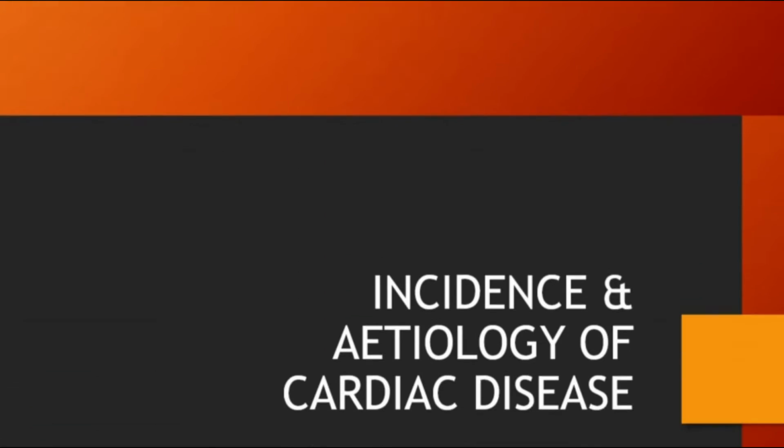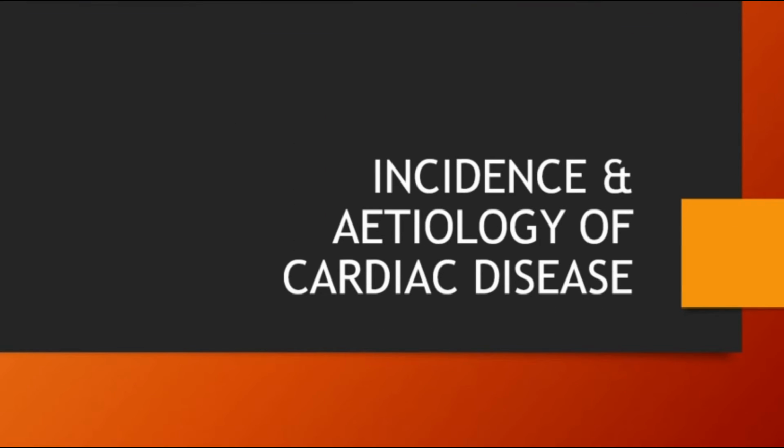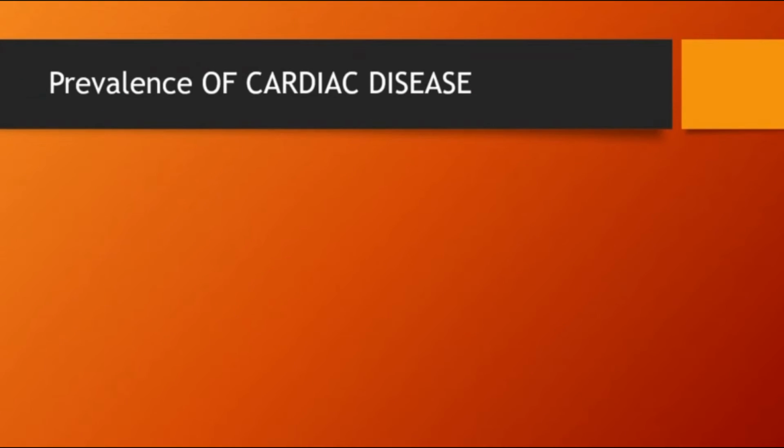Now, the incidence and etiology of cardiac diseases. An NCBI report done in January 2015 states that cardiac diseases complicate up to 4% of all pregnancies compared to 1%, which was the prevalence in the 20th century.